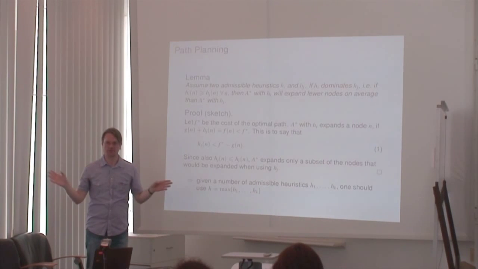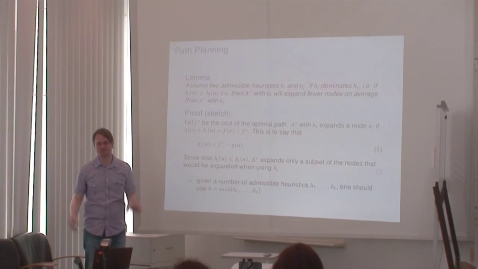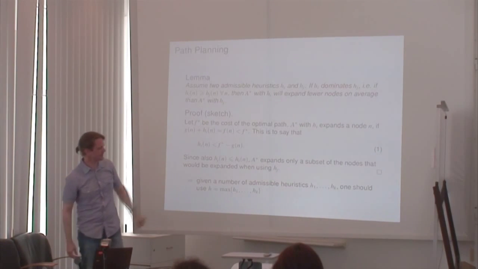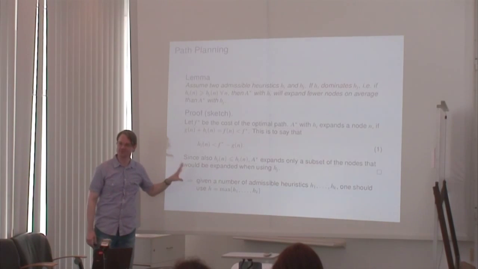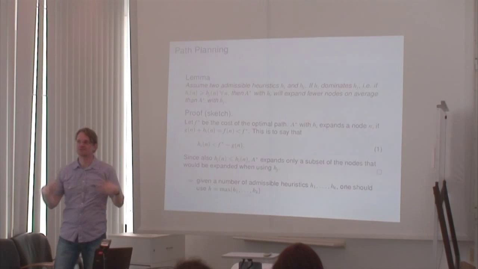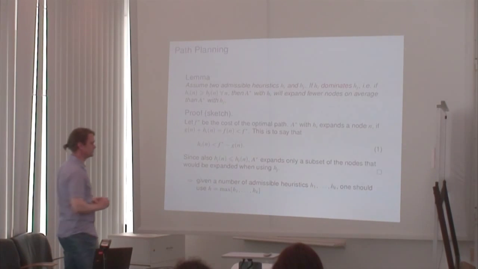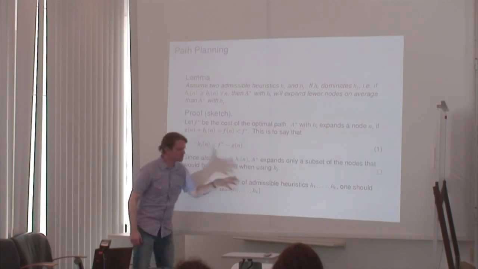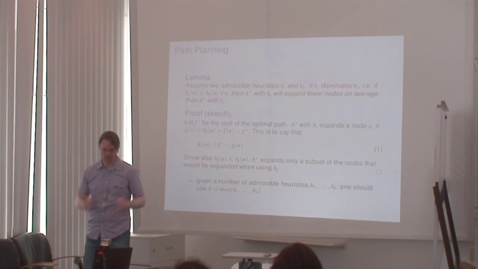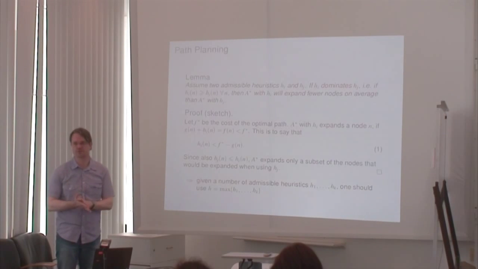This is an art. This has nothing to do with science. We have scientific knowledge about what's going on, but there are no really constructive algorithms that will tell you how to produce such a heuristic. Given some problem, what can you do to come up with a very good heuristic?